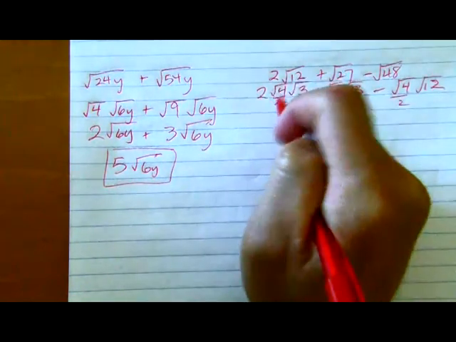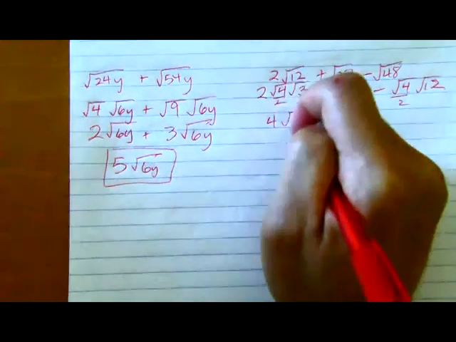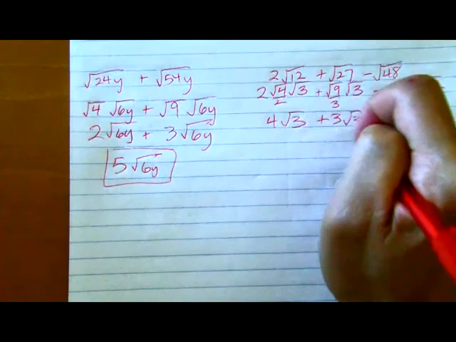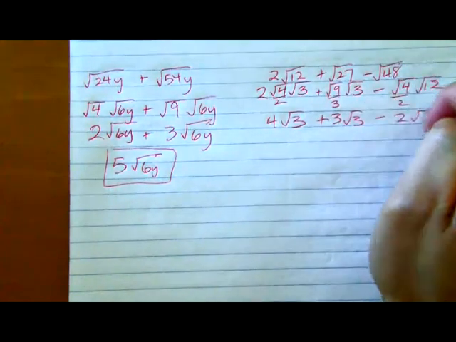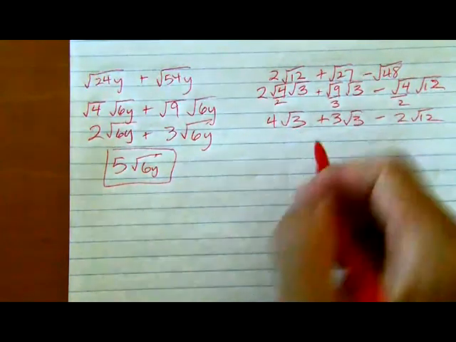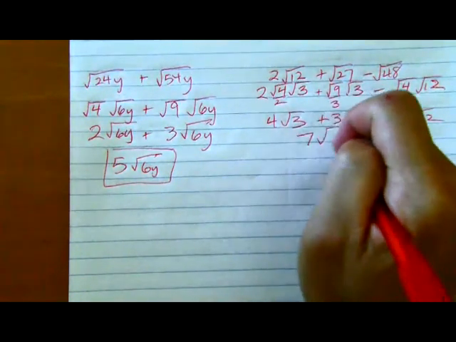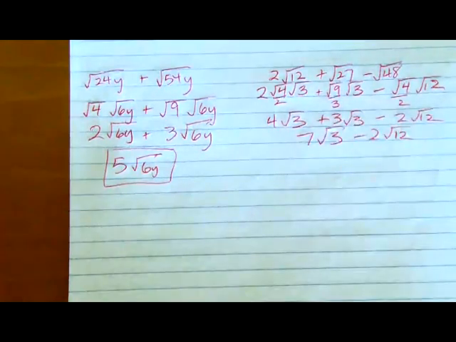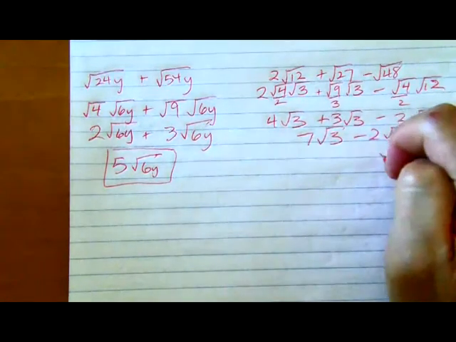Okay, so 2 times 2, 4 radical 3 plus 3 radical 3 minus 2 radical 12. We have 2 like terms. We can combine. 7 radical 3 minus 2 radical 12. Yes, we can go further on the 12.